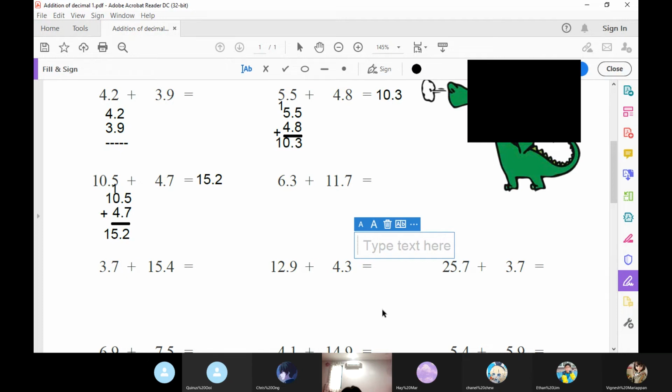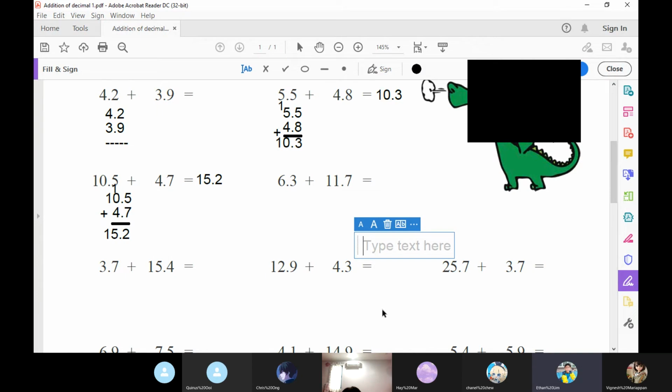Understand? Okay, the last one, question number 4. Any volunteer to try? Teacher, can I?